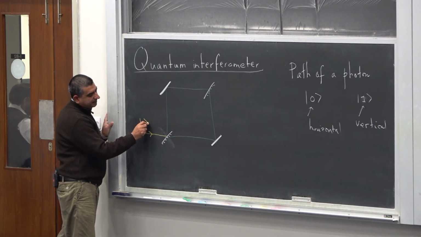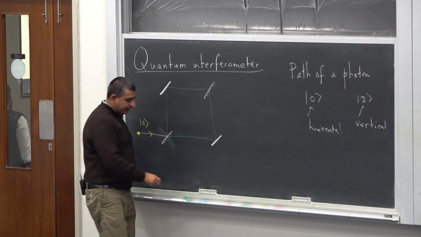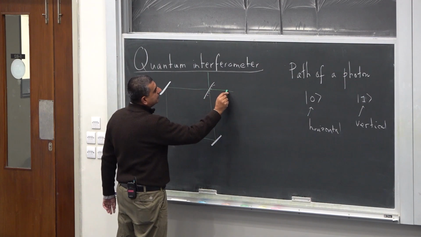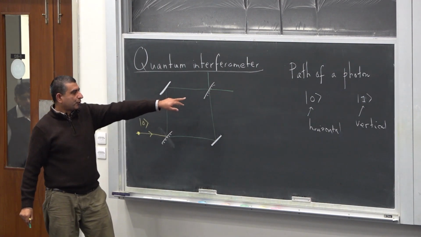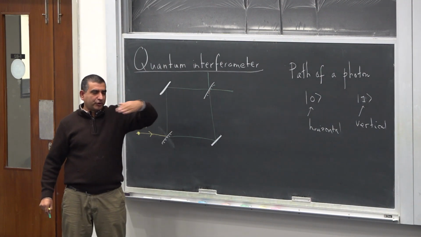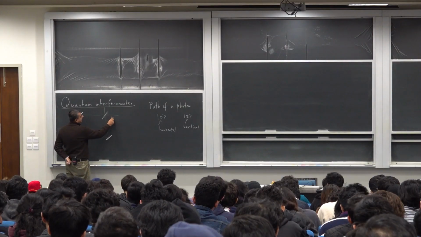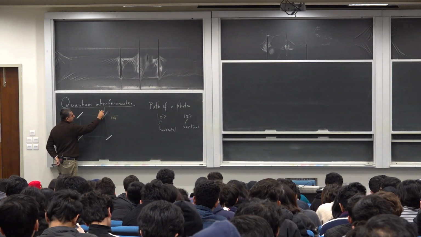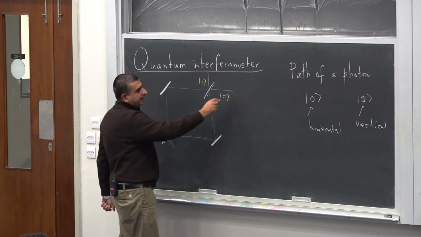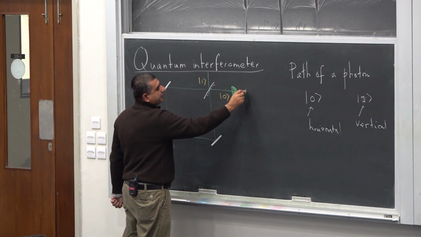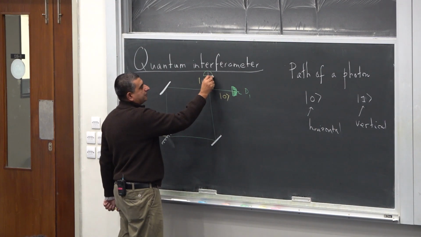Ket 0 is my input state, and we've figured out 2 output channels in the output port. One is the possibility that the photon is going horizontally, which is the output ket 0 channel. This is the output ket 1 channel, and we place 2 detectors at the output, D1 and D2.